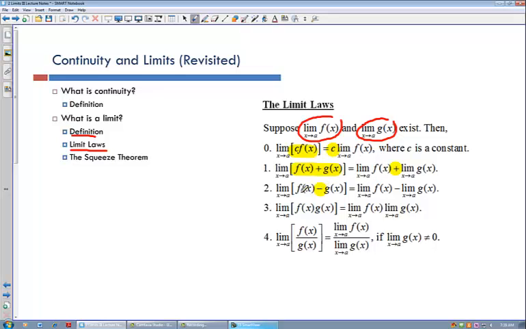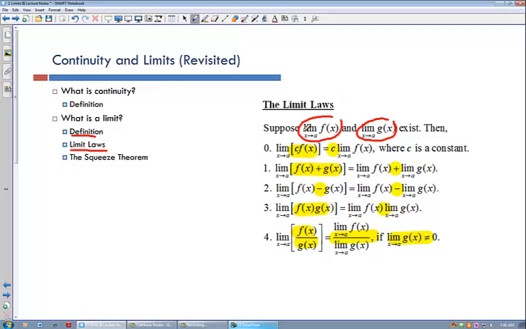You can take the limit of the difference, or you can take the difference of the limits. How about multiplication? You can take the limit of the product, or you can multiply the limits. And how about division? Well, you can take the limit of the quotient, or you could divide the limits, as long as the bottom limit is not equal to 0, which would make it undefined.